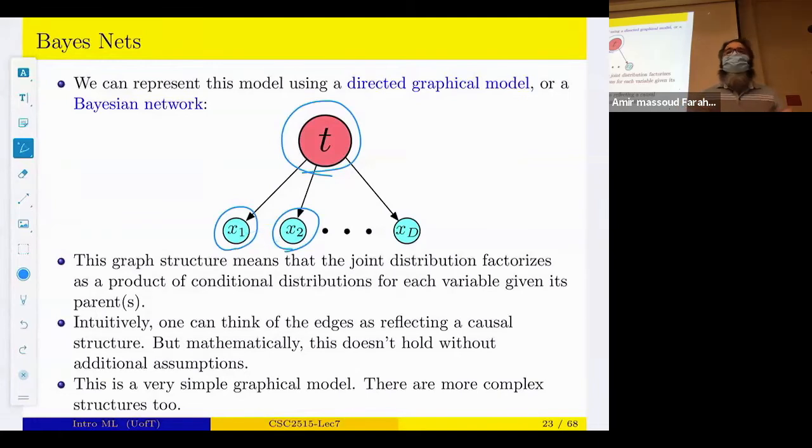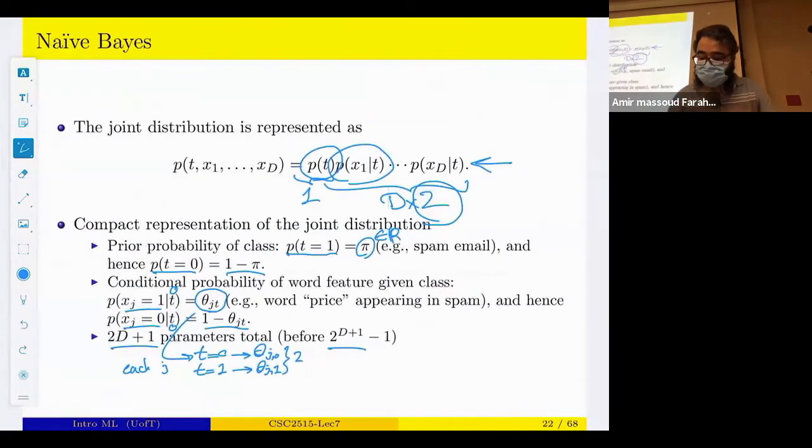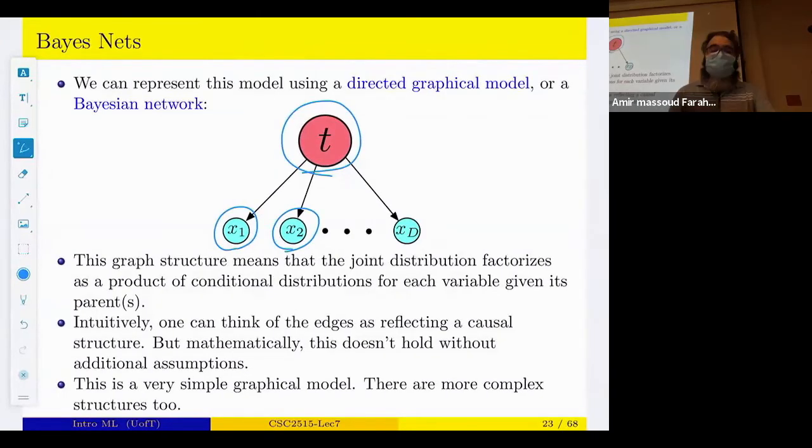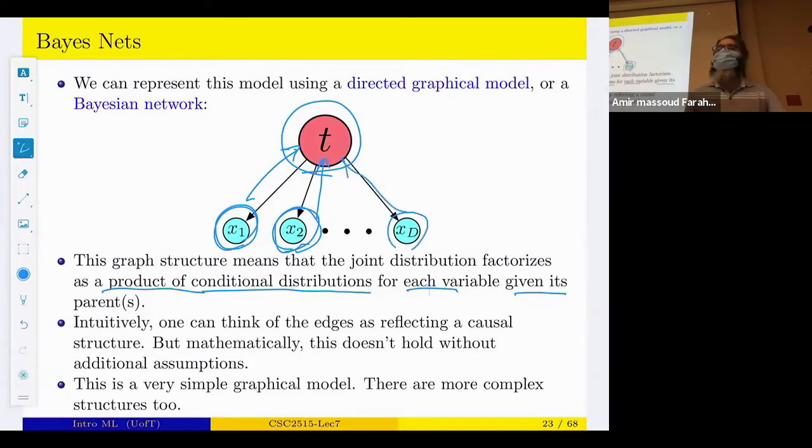This graph structure means that the joint distribution factorizes, and by factorizing I mean it can be written into multiplicative terms, in the form that I have on top of this page. That is, it factors into a product of conditional distributions for each variable given its parents. So we have the probability of x1 conditioned on t, times x2 conditioned on t, up to xd conditioned on t.